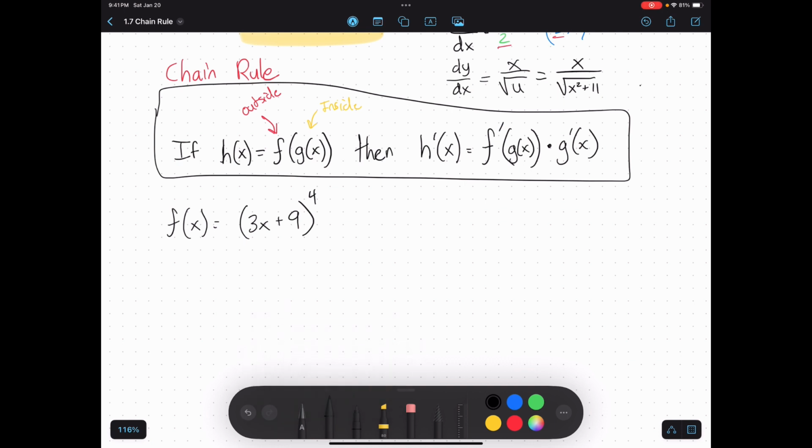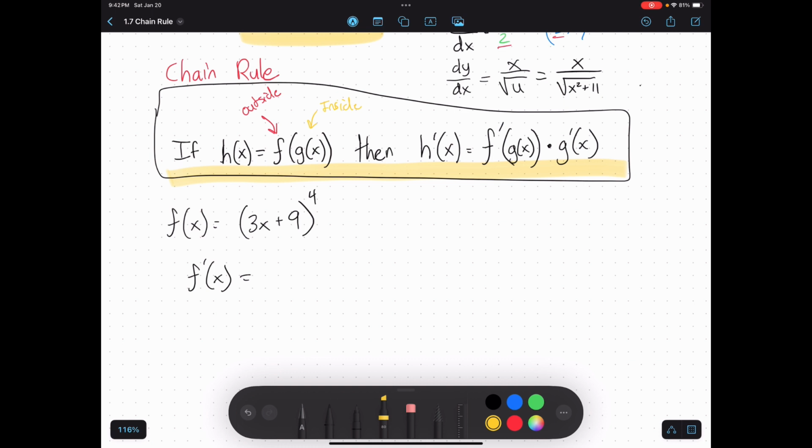Okay. So what does the chain rule tell me to do? What does this function notation rule tell me to do here? Well, it tells me to find this derivative. I'm going to take the derivative of the outside function, because remember in my definition up here, f was my outside function.